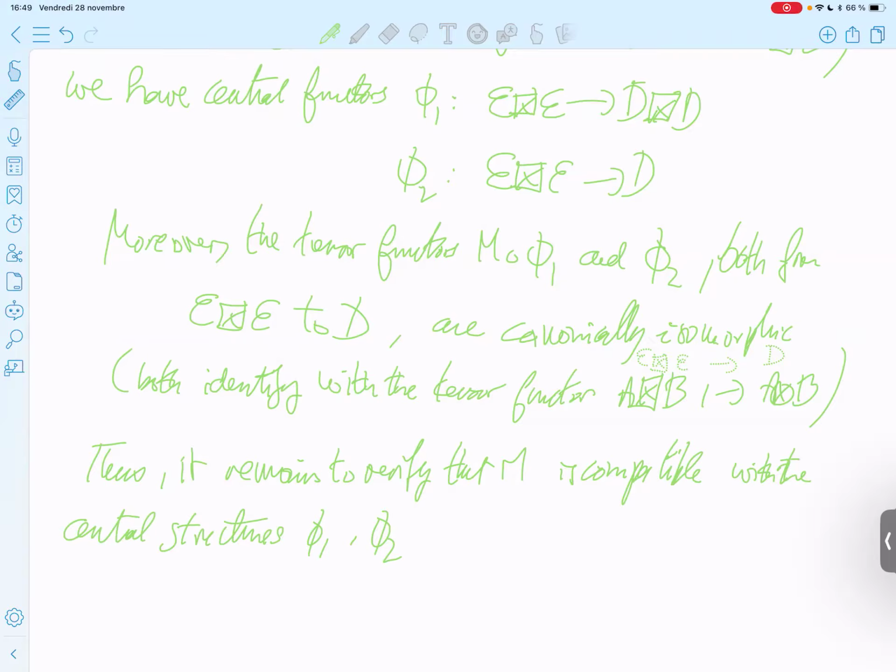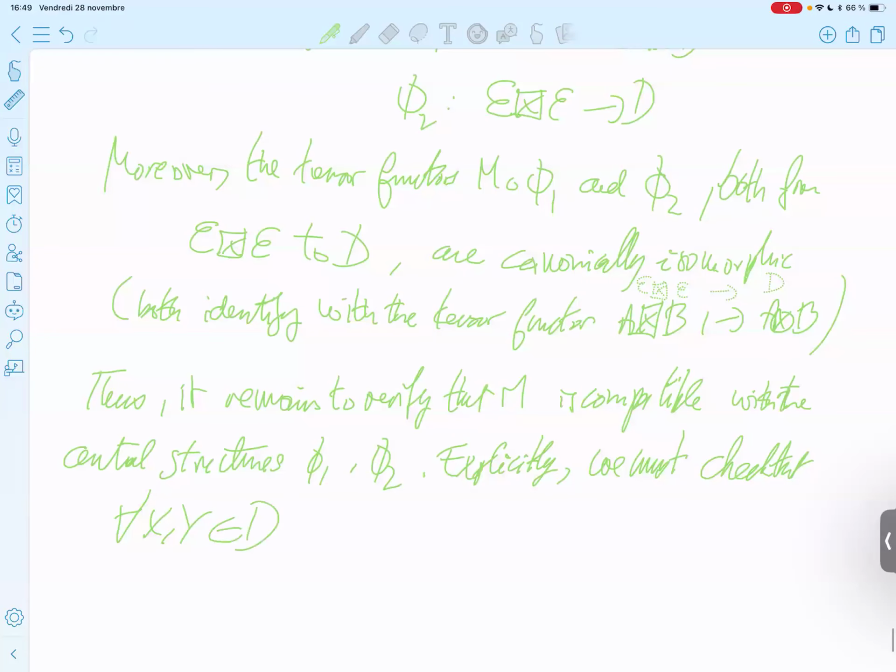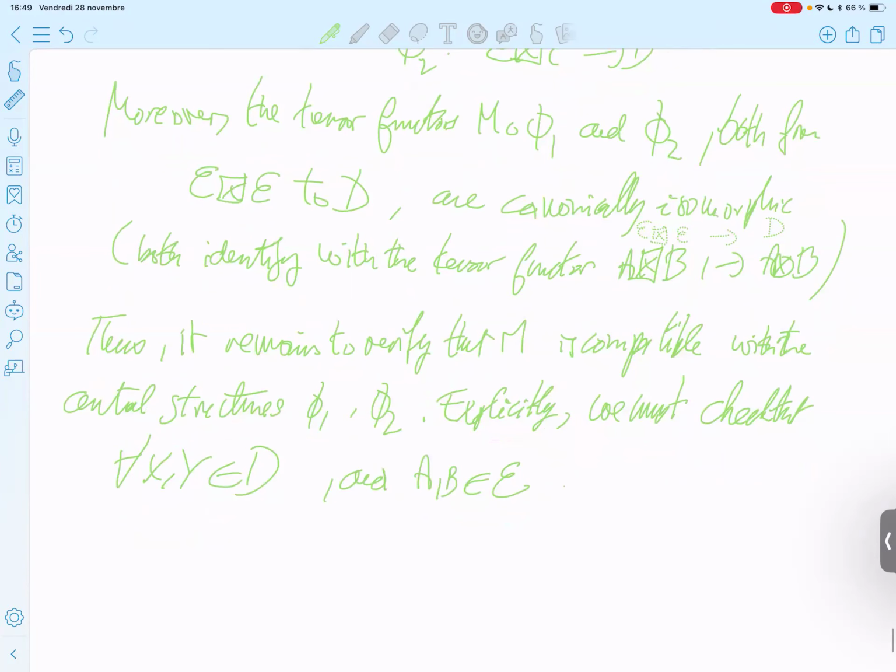More explicitly, we must check that for all x and y in D and A, B in E, the following diagram commutes.